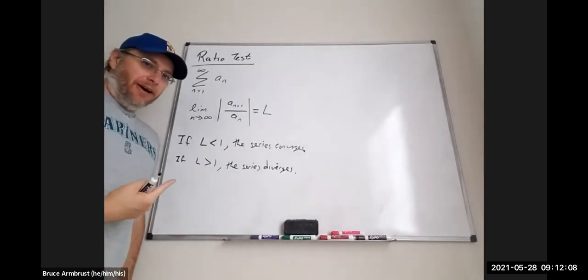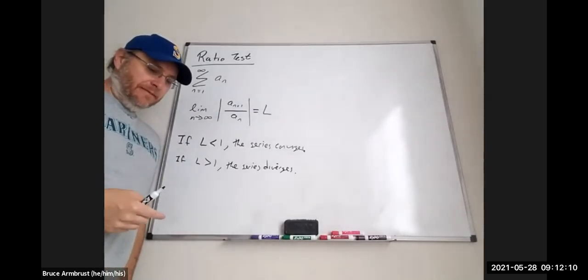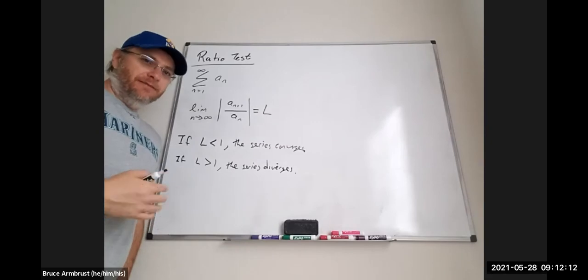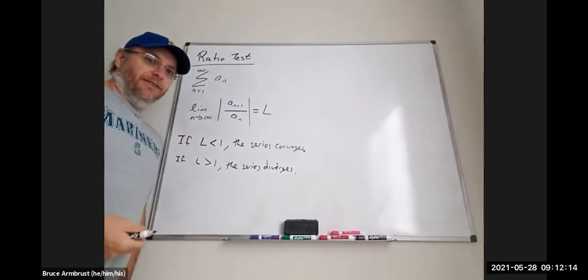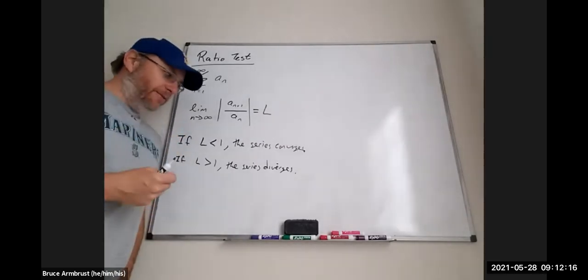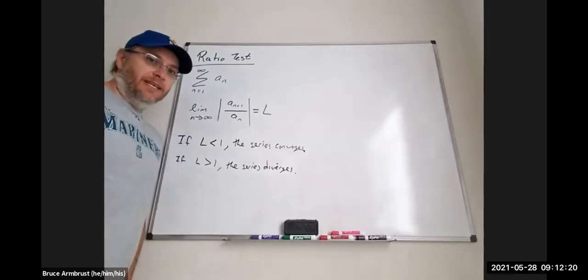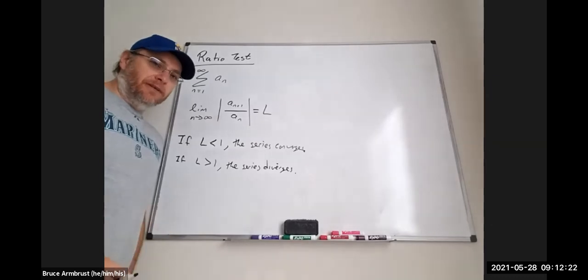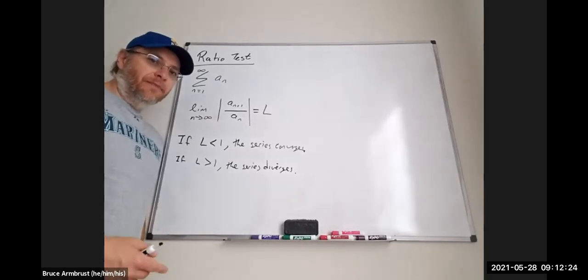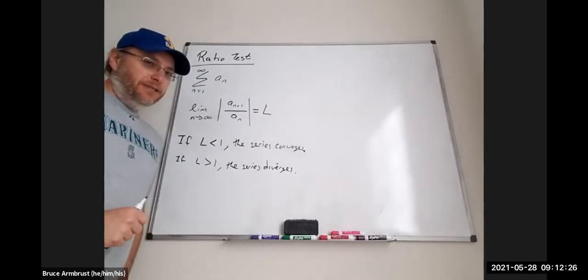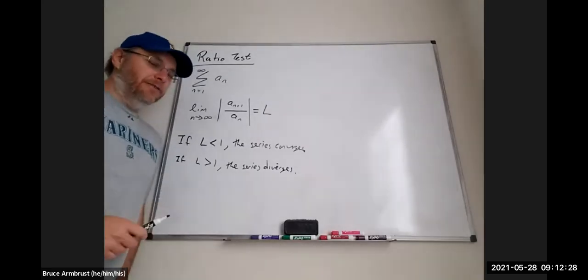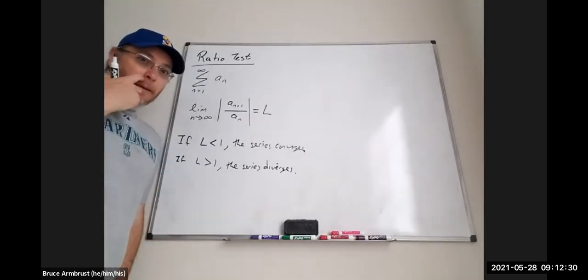So think about how awesome this test is. Bigger than 1, diverge; less than 1, converge. We just know what's going to happen by looking at that limit. But if you're paying attention, you may notice there's a value of L that we haven't taken care of.